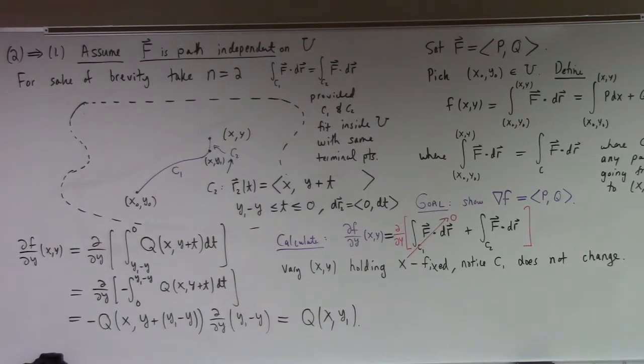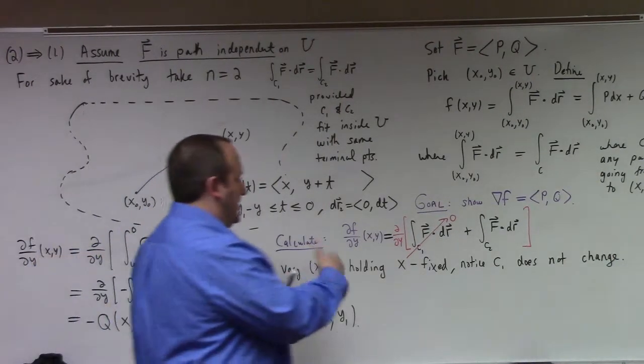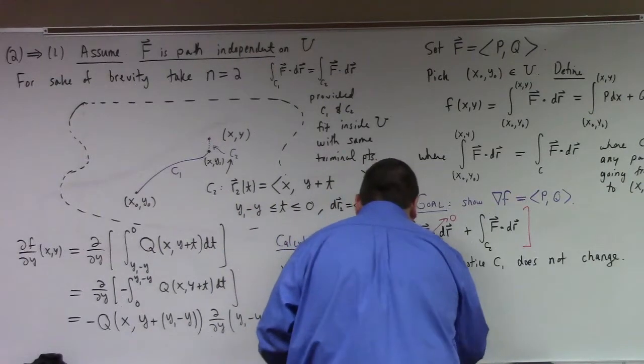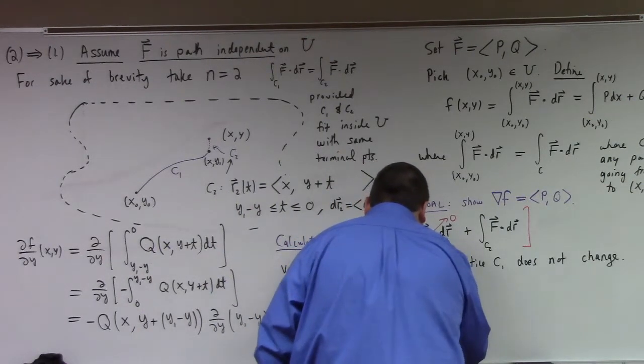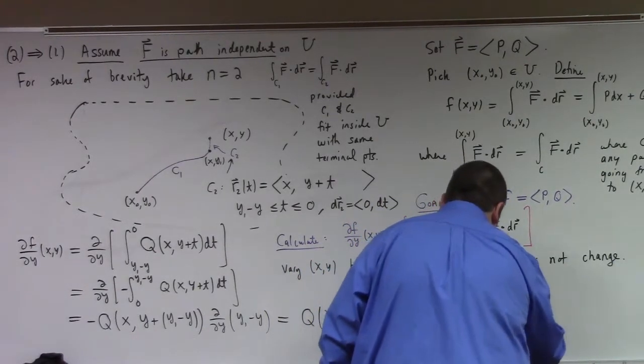So anyway, errors on my part aside, we can show that partial f partial x is p, and partial f partial y is q.